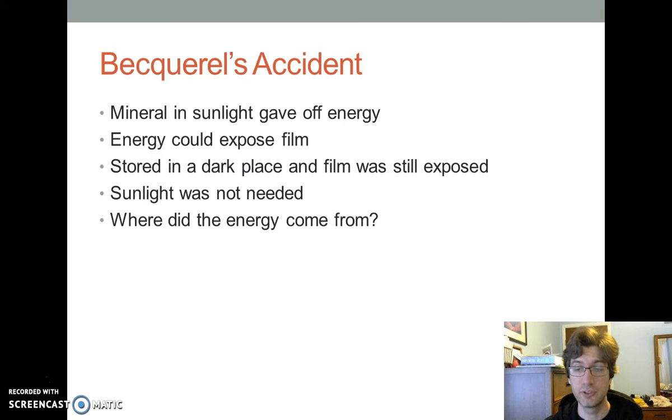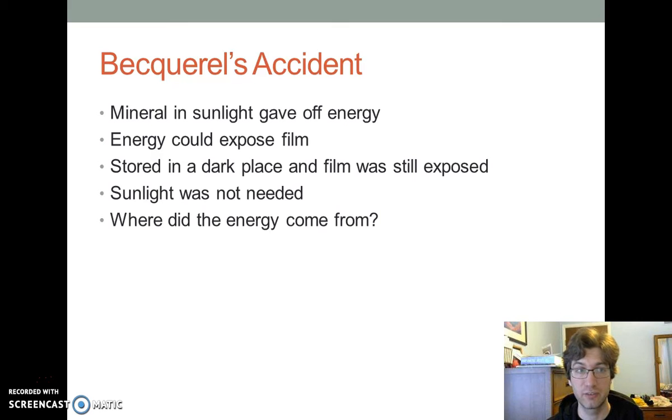He took this material that had uranium in it, and he noticed that it glowed in the sunlight, and this material would be able to develop photofilm just like the sunlight was able to develop photofilm.